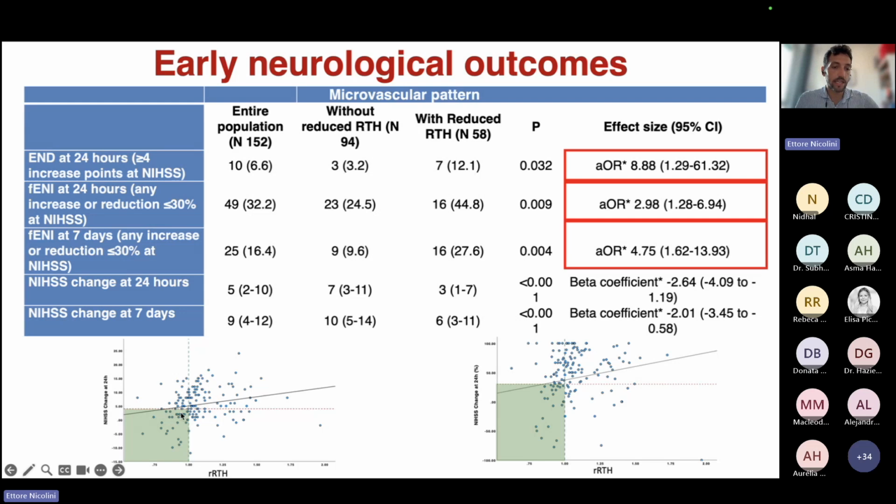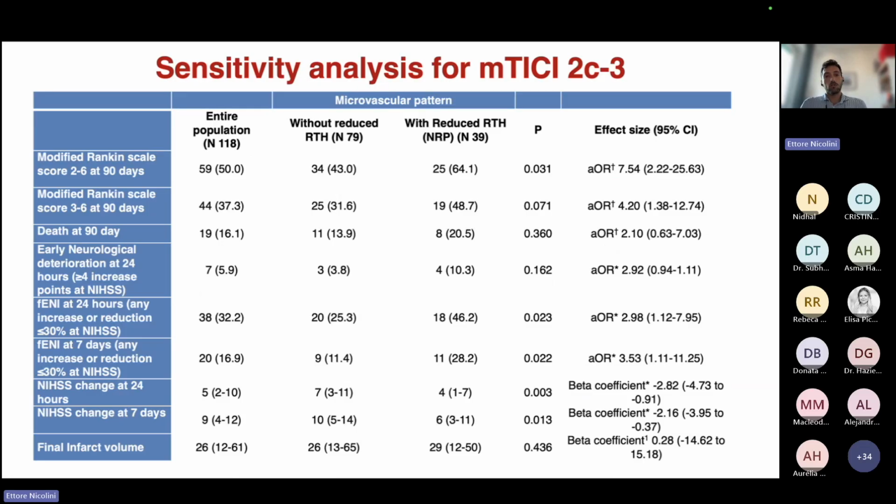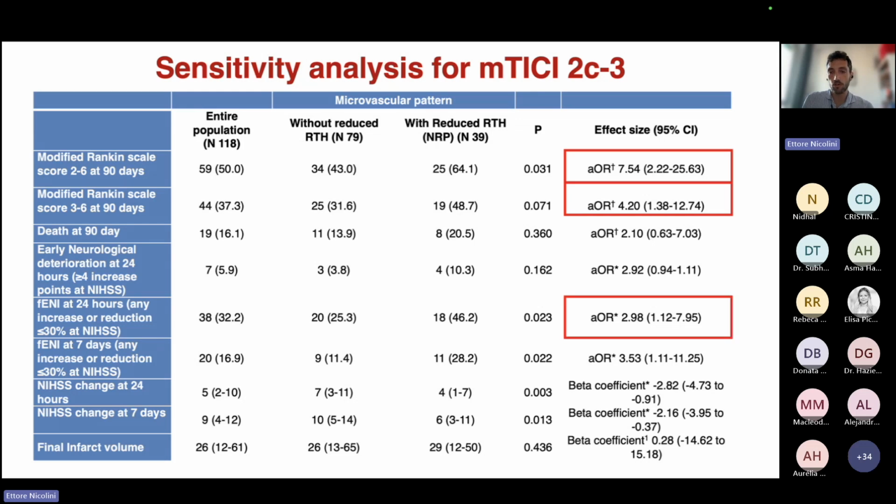What you see in the green square are the patients who presented the microvascular impairment, so relative RTH lower than 1, and the failure of early neurological improvement. To test our data, we also performed a sensitivity analysis excluding patients with mTICI score 2B, which confirmed our data both for 90-day outcome and for early functional outcome.